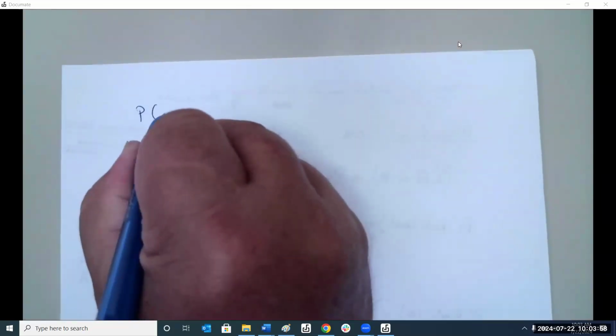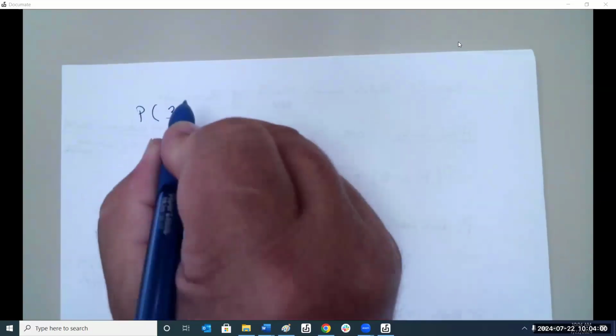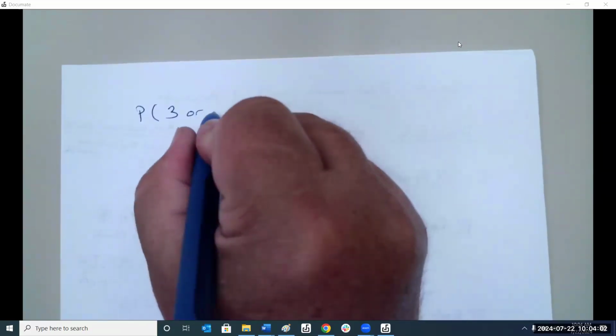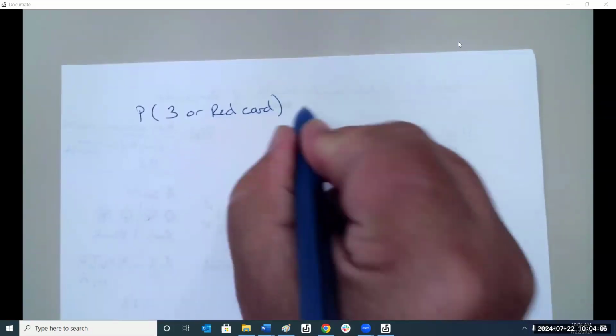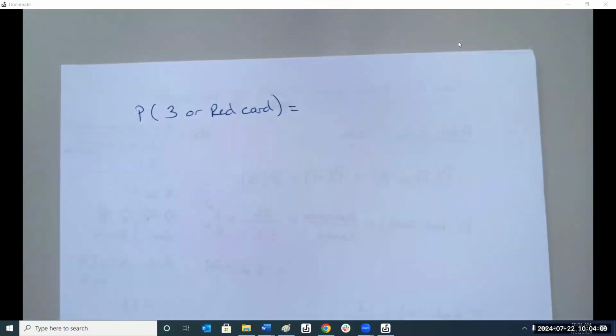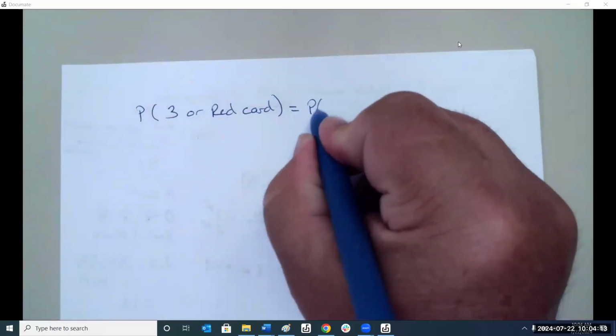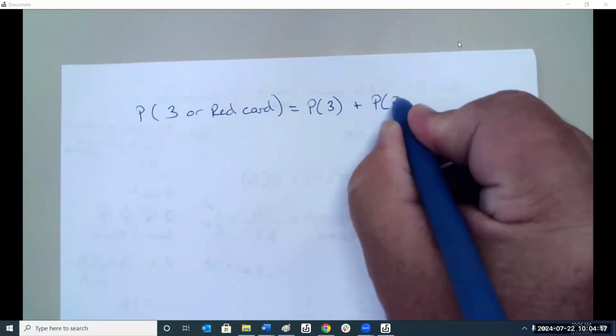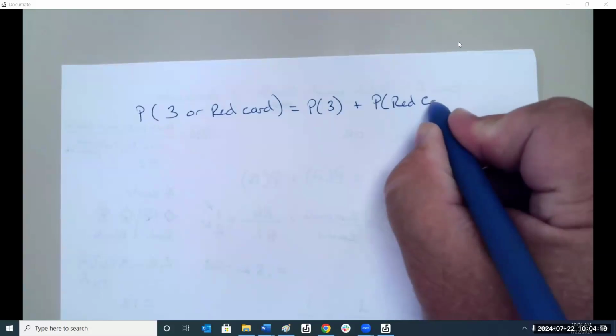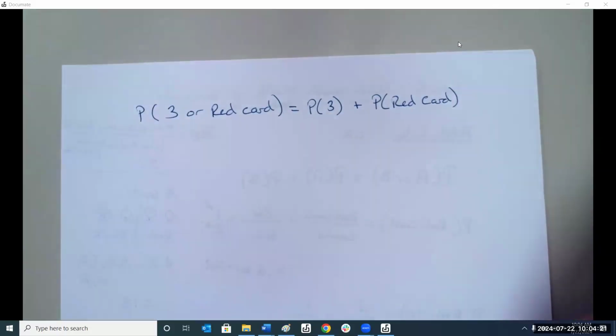What if I said, I want the probability of a 3 or the probability of a red card? So it's a probability of a 3 plus the probability of a red card. Oh, sorry. Well, the red cards, we're done with cards.